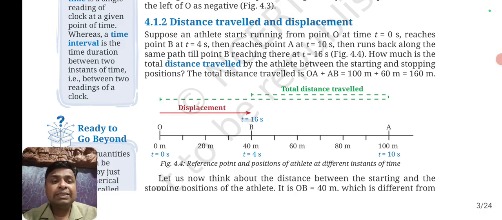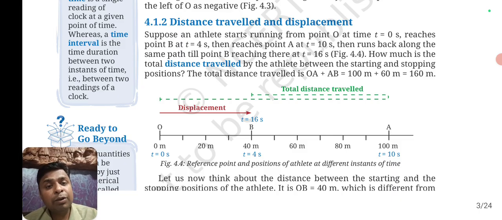In this case, the starting point is O and the ending point is B. So we are going to just find the distance between O and B. That will be called displacement. The minimum distance from point O to point B will be the displacement. In the case of Pune to Mumbai and back, if I start from Pune and come back to Pune, displacement is 0, because the starting point and ending point are the same. Remember, distance and displacement are different things.